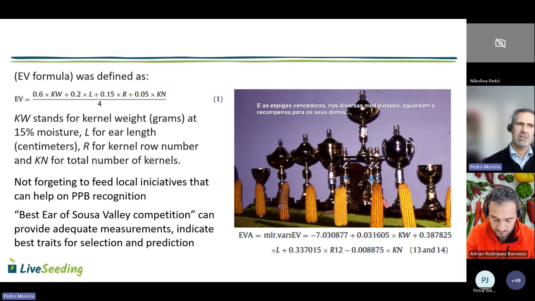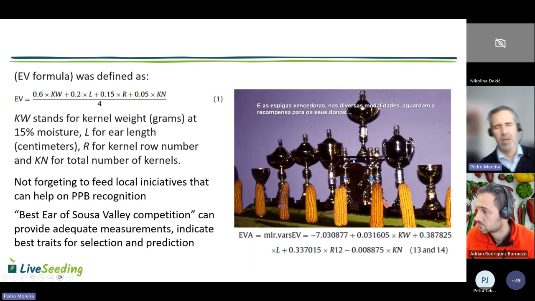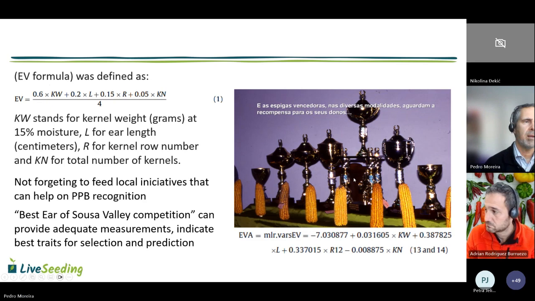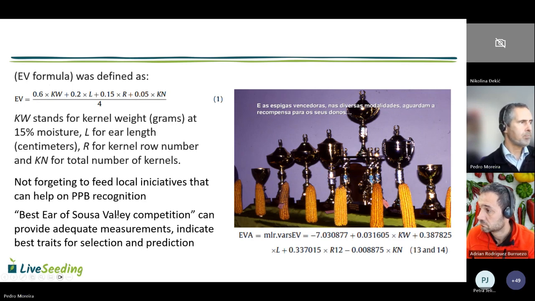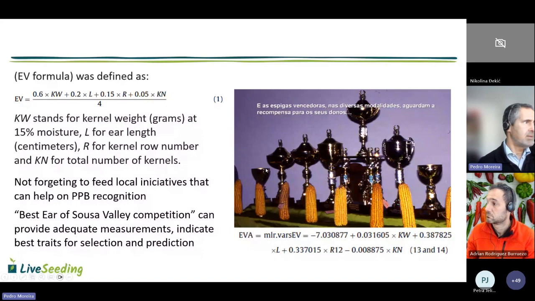This was also an important tool because, in a less sophisticated way, as Isabel and Yannick described, it was a way to systematize some of the traits that farmers need for selection, and the traits that could bring them more yield, or at least a best ear.